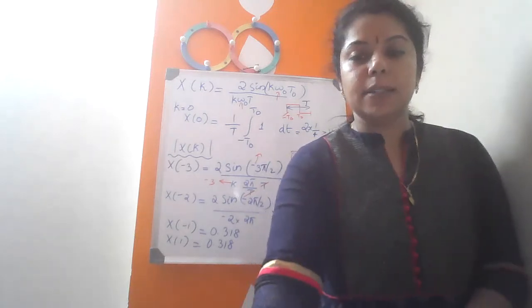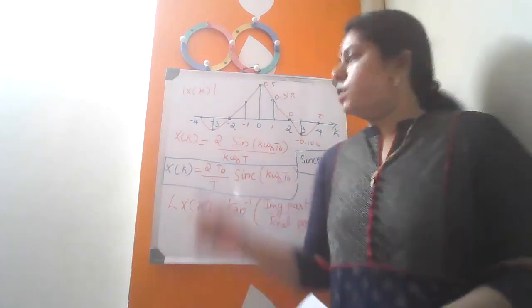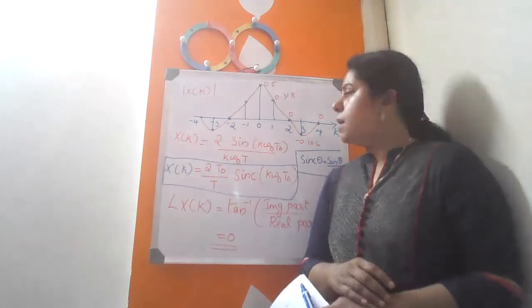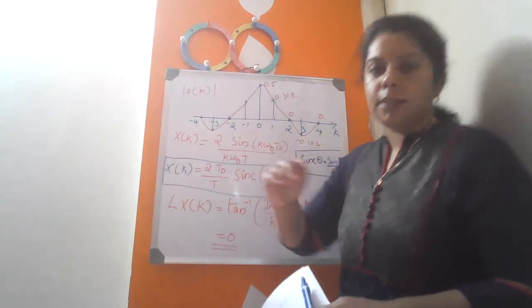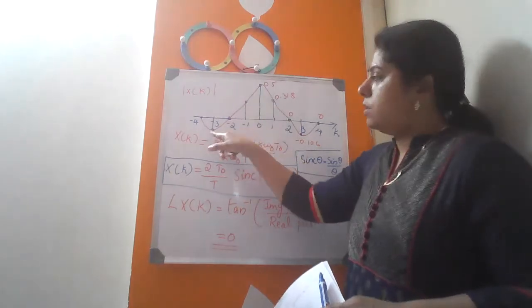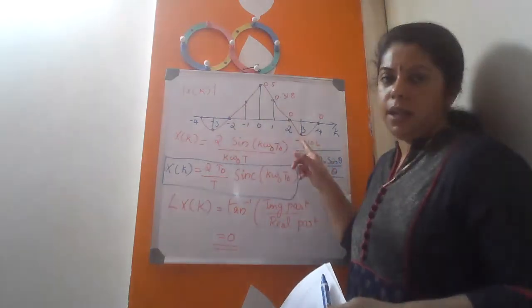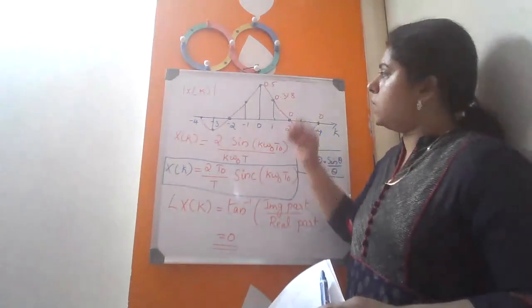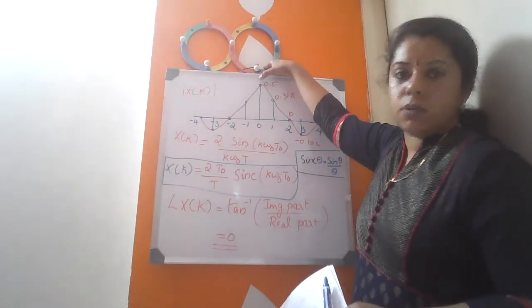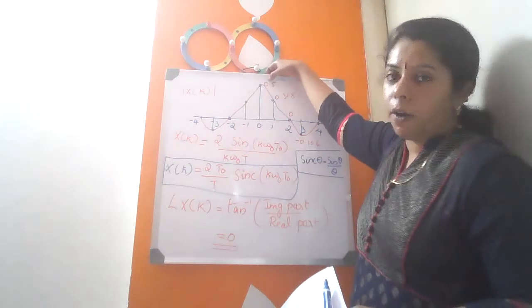Let me plot that. So you see, I plotted the magnitude spectra. We already calculated the values from -3 to +3, so whatever values we calculated, that only I marked. At k equal to 0, we got 1/2, that's why I marked it as 0.5.